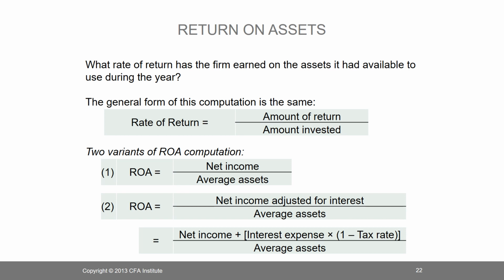In general, whichever form of ROA is chosen, the analyst must use it consistently in their comparison with other companies or over specific time periods. For simplicity, the DuPont analysis will use the first variant we covered, which is the net income divided by average assets.